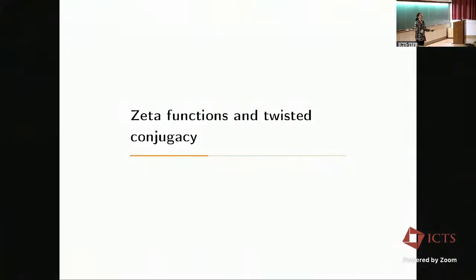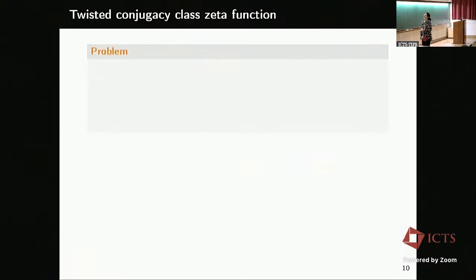Okay, so back to zeta functions. I learned about twisted conjugacy. I found it very interesting, and I wanted to see if it would be worth working with zeta functions encoding twisted conjugacy classes instead of conjugacy classes. So as in my PhD, we had the problem.